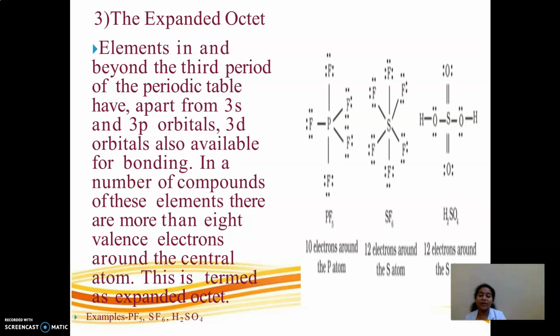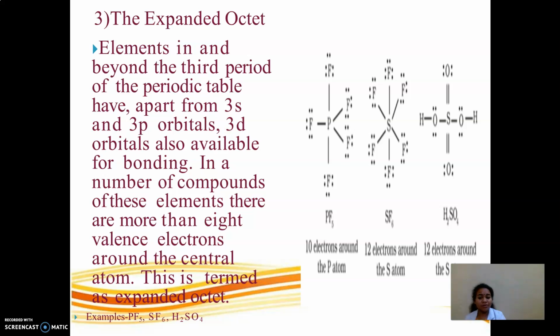In the first shell there is 1s only. In the second shell there are 2s and 2p. From the third period there is the start of the 3d, where the transition metals will start. So the 3d shell is also available for bonding. This is the reason for the expanded octet.